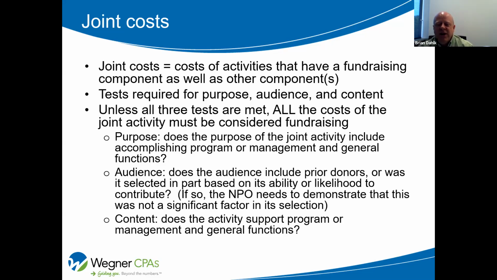If those tests are not all met, then the default conclusion is that all the fundraising costs have to be assigned to fundraising. So the three tests are the tests of purpose, audience, and content.